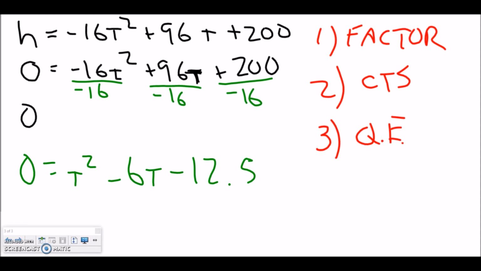And it's up to you which one you do. Again, for this one, I will do it both ways, but essentially you're only going to do one of these 2 ways. So here we go. If you wanted to complete the square, t squared minus 6t minus 12.5 equals 0.